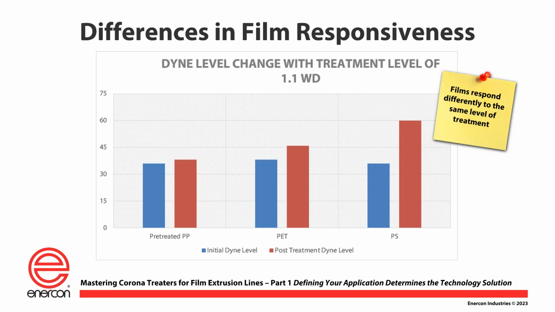And I purposely picked sort of hard, kind of easy, and super easy films to treat, just to illustrate a point, right? So each one of those starts at a different dyne level out of an extrusion process. And then when we treat them at the same power setting, they all end up at a different dyne value.